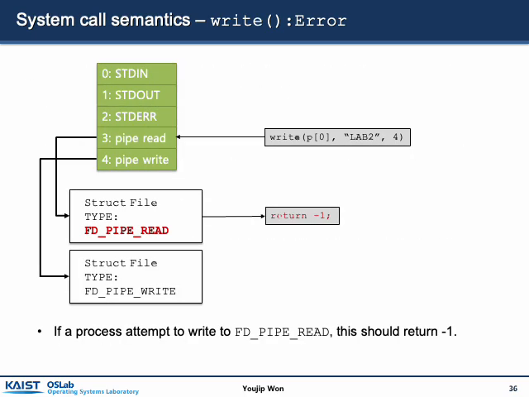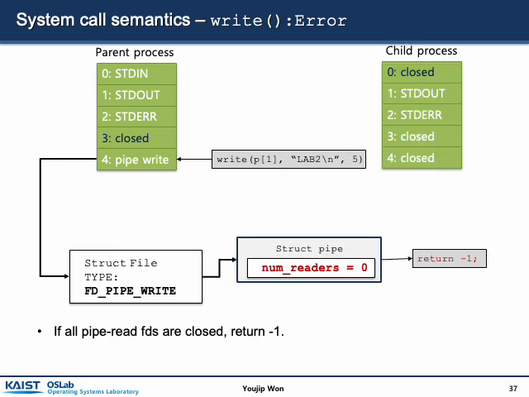Here are the system call semantics for the write system call. Your write system call should consider the pipe file. That is, if a process attempts to write to the read end of the pipe, the system call should return -1. Here is another case you have to consider.